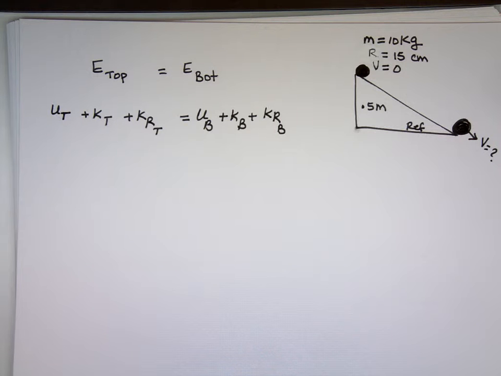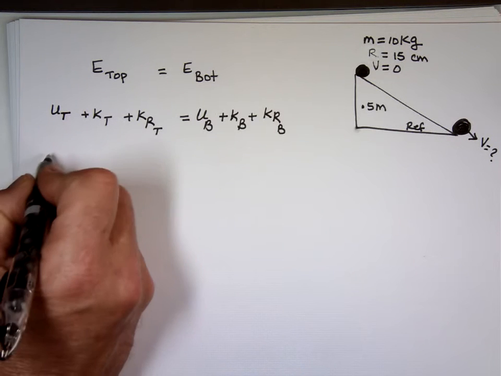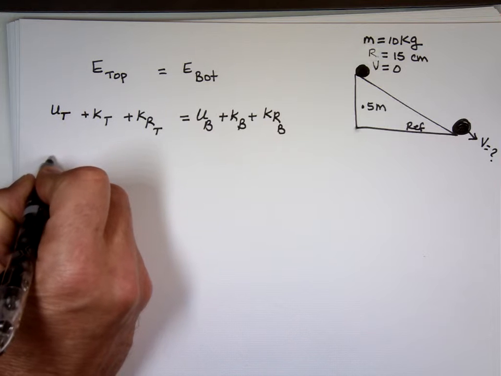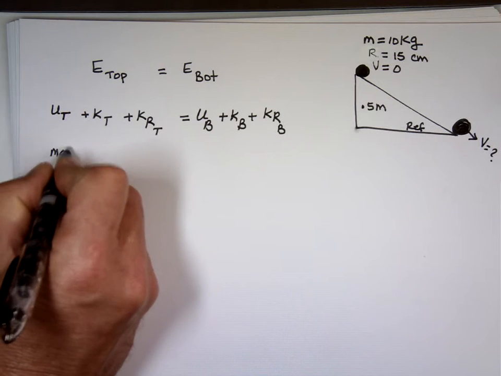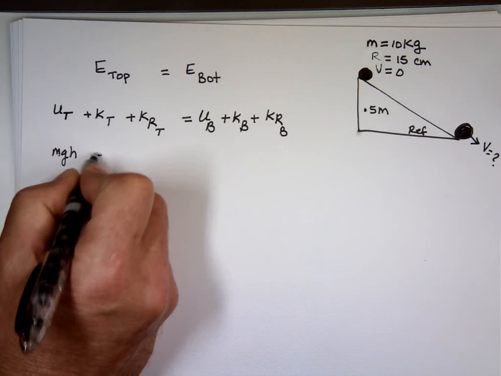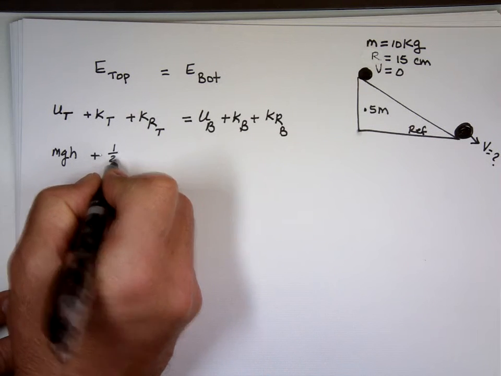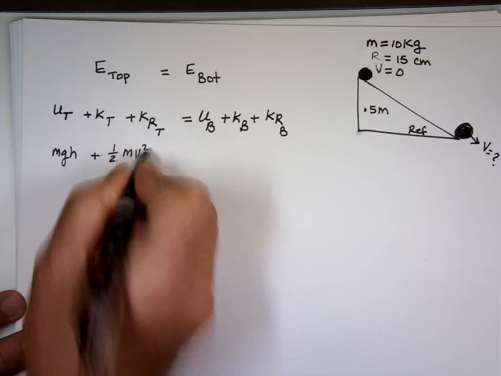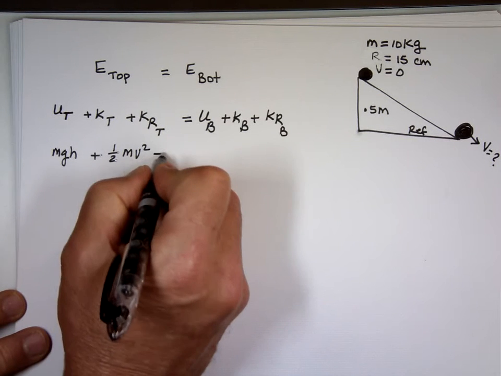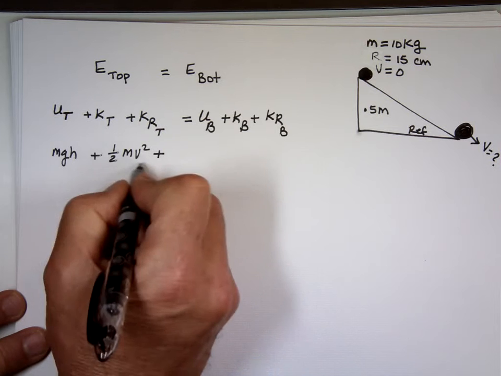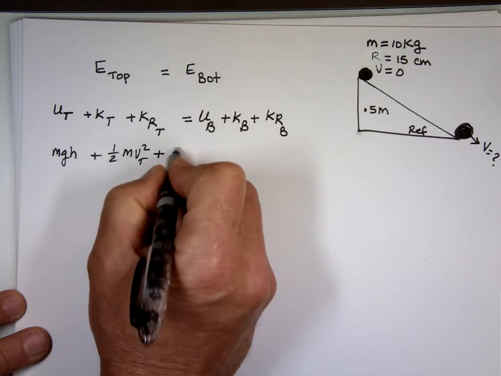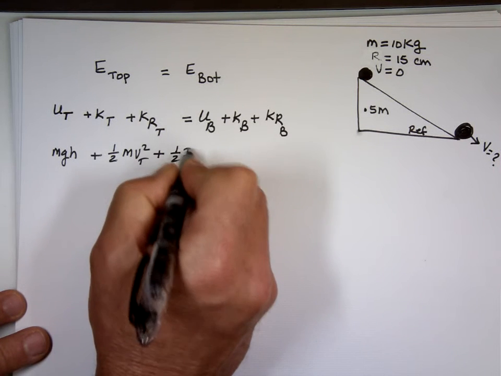What is the potential energy at the top? It's the mass times gravity times height. What is the kinetic energy at the top? 1/2 mv squared. What is the rotational kinetic energy at the top? 1/2 I ω squared.